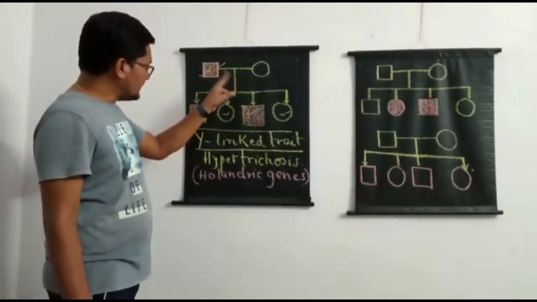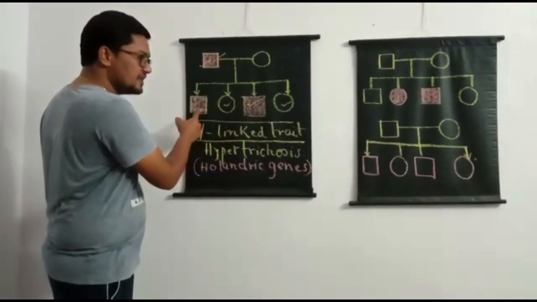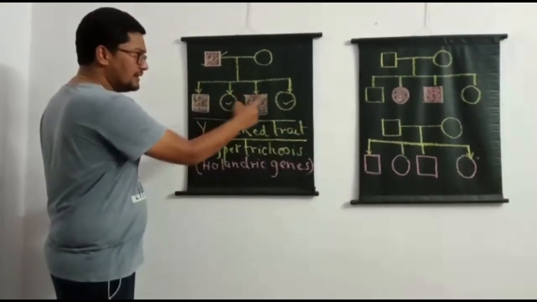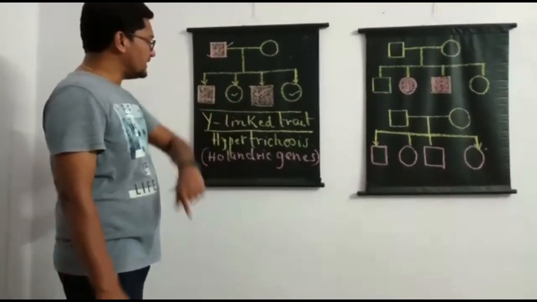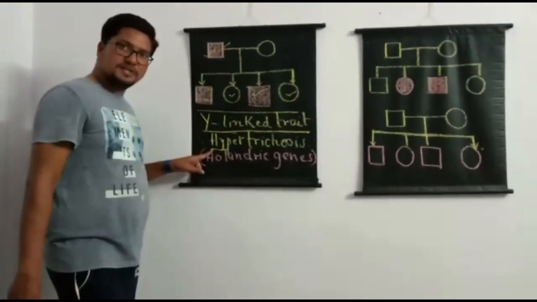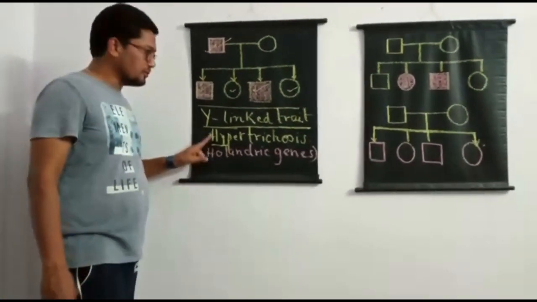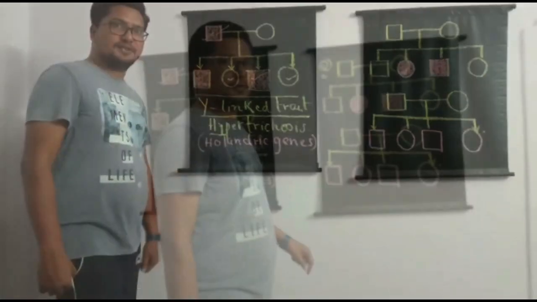That's why in the very next generation, without any exception, 100% of the sons are affected and 100% of the daughters are normal. So ultimately this pedigree chart indicates Y-linked inheritance. Example, hypertrichosis. If you remember, I already told you, Y-linked genes are also called holandric genes.